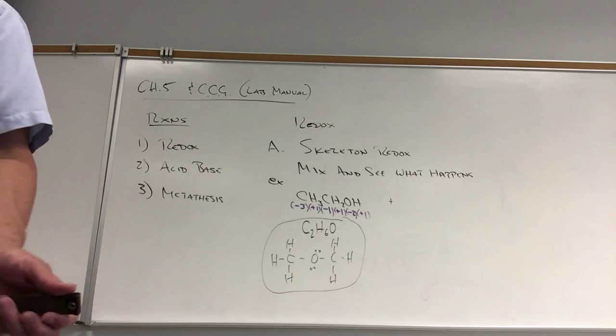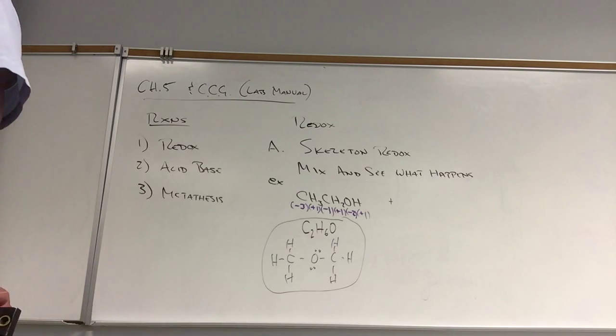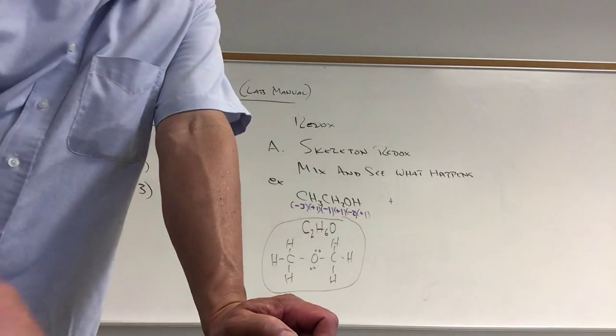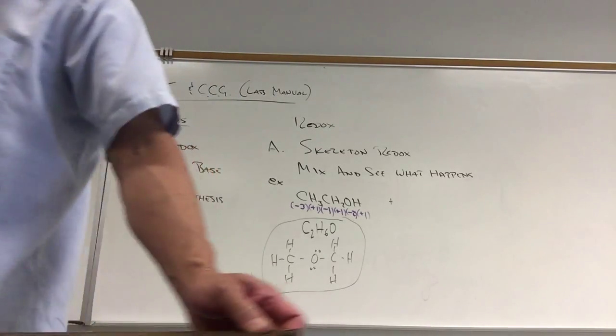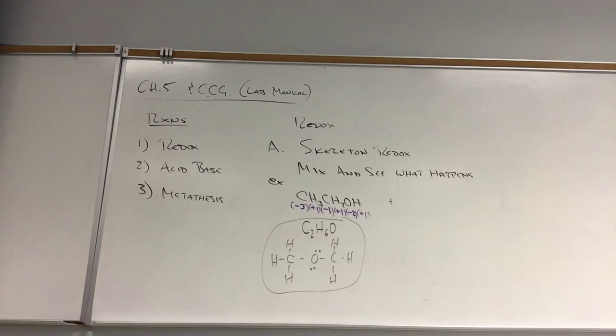And so can you see the two oxygens there, the high one and the low one? Yeah, the one on top wants to use electrons more than the one at the bottom.